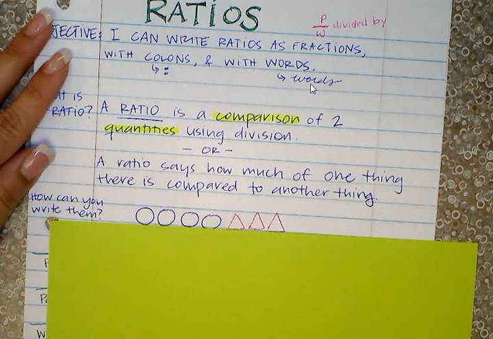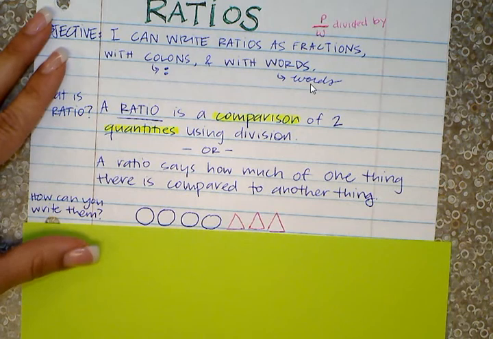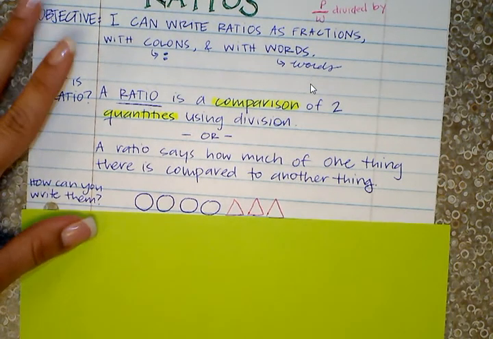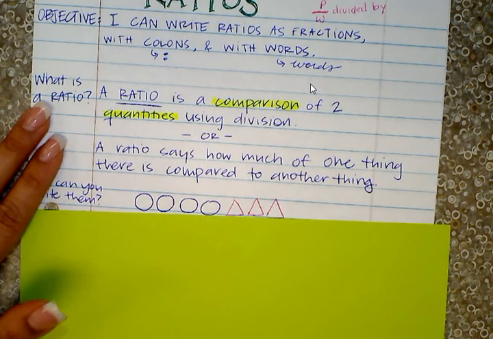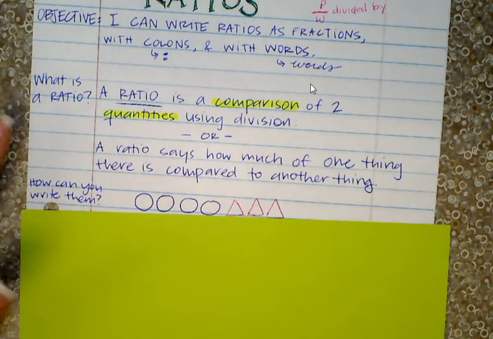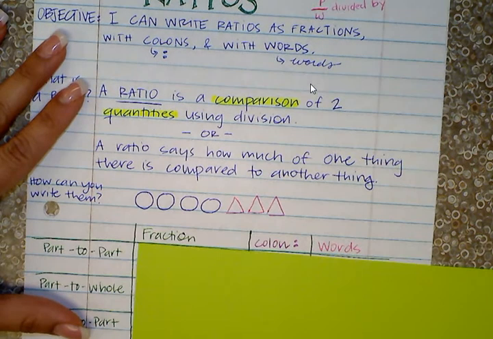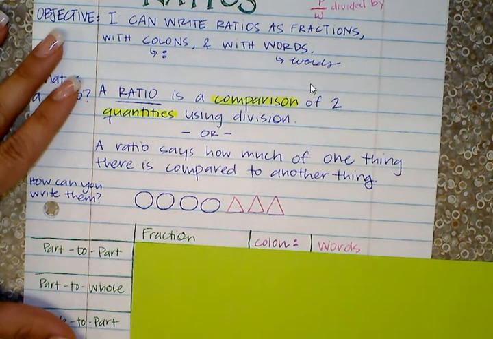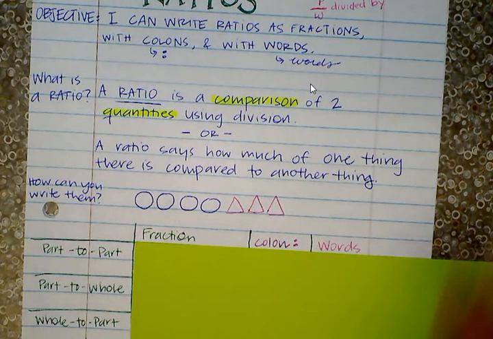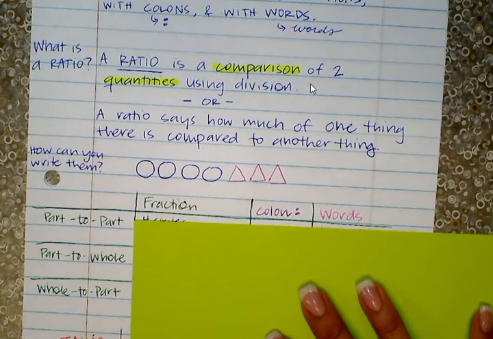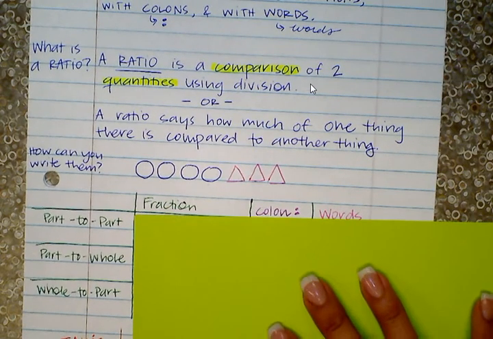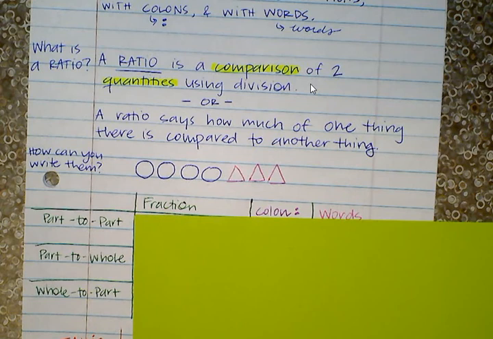So how to write them. Let's start off with our example. We have 1, 2, 3, 4 circles and 3 triangles. We're going to compare different quantities, different amounts, so we're going to compare circles and triangles. We can write ratios in different ways by using part to part, part to whole, and whole to part.